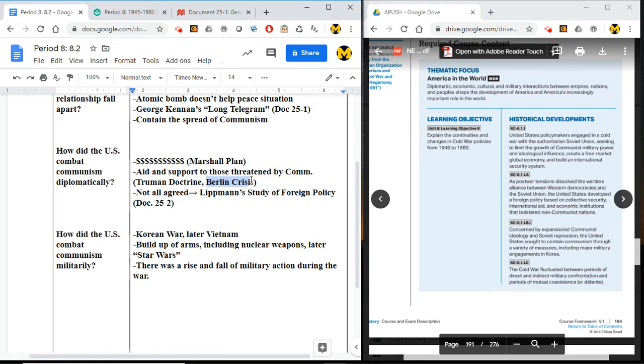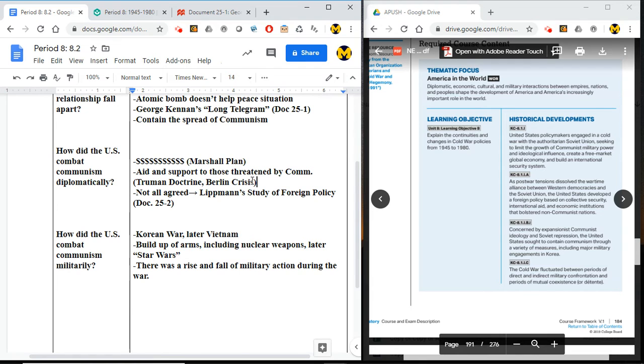offered aid to West Berliners who were subject to the draconian lockdown of Soviet Russia. But this is really just an overarching, kind of like the Roosevelt corollary or the Monroe Doctrine. This is just an overarching statement of how the U.S. is going to approach communism and how communism affects other nations.